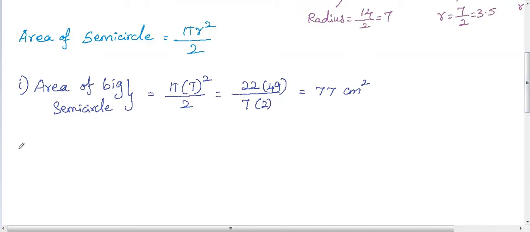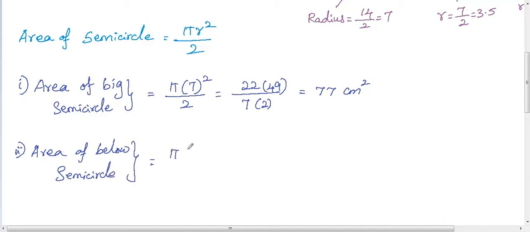Similarly, the area of the semicircle below, whose diameter is 7 and radius is 3.5 centimeters. So pi into 3.5 whole square divided by 2.